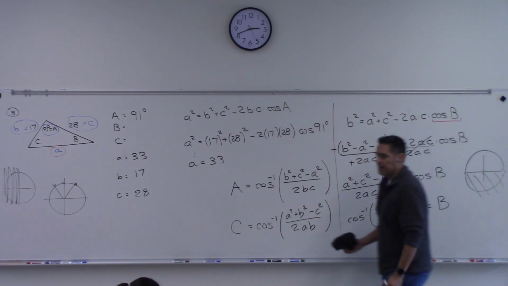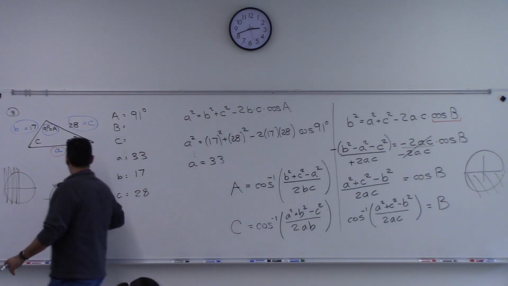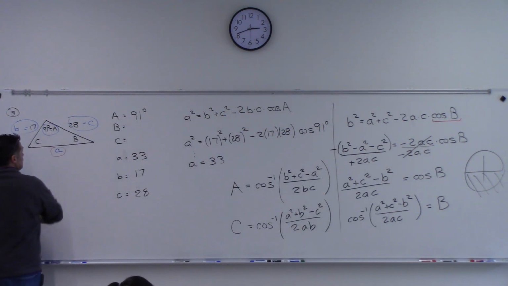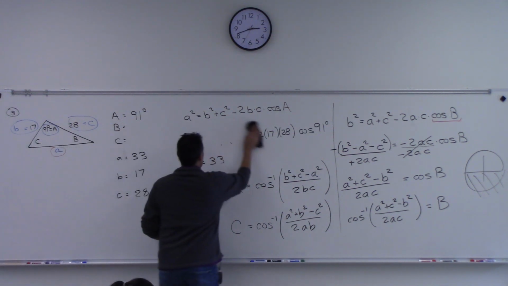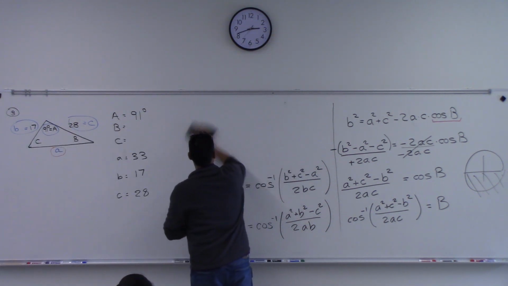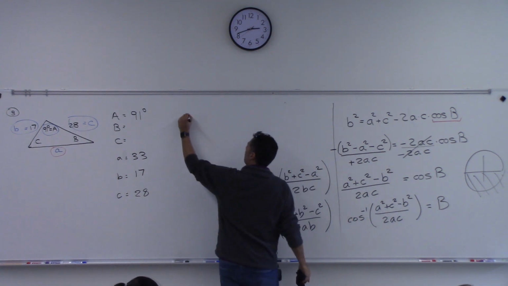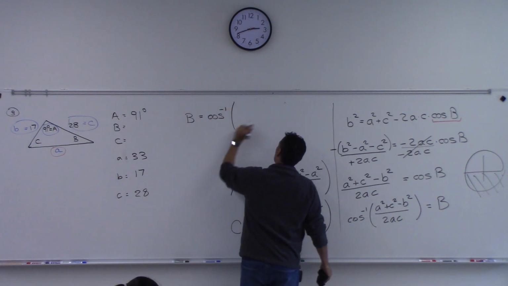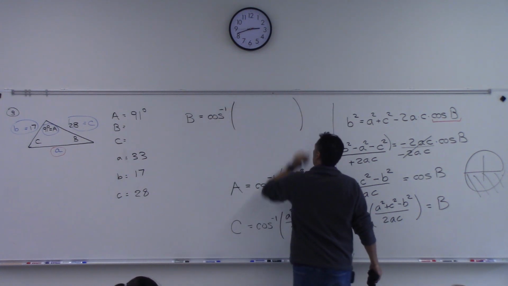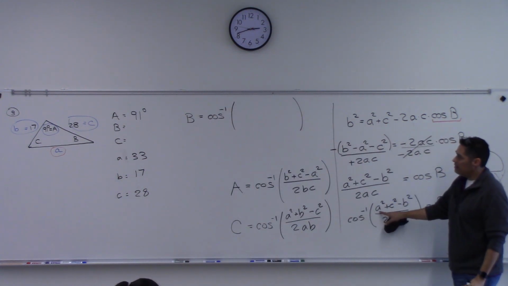So using that, let's find capital B, okay? Let's find capital B. So to find capital B, I'm going to use this formula right here. Capital B is equal to cosine inverse of, all right, I need to do A squared, right?